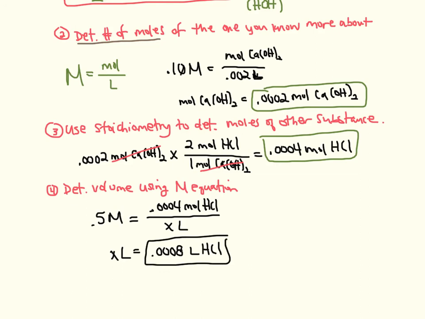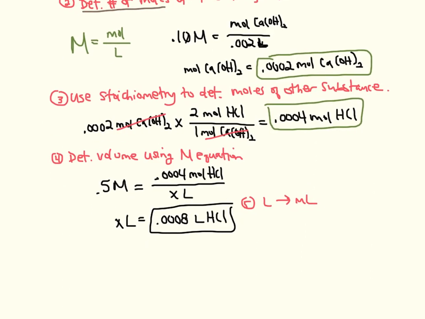Okay, so we're almost done. The last thing we need to do is convert that to milliliters. So to do that, we just take the 0.0008 liters of hydrochloric acid, and a liter is equal to 1,000 milliliters, and that ends up being 0.8 milliliters.